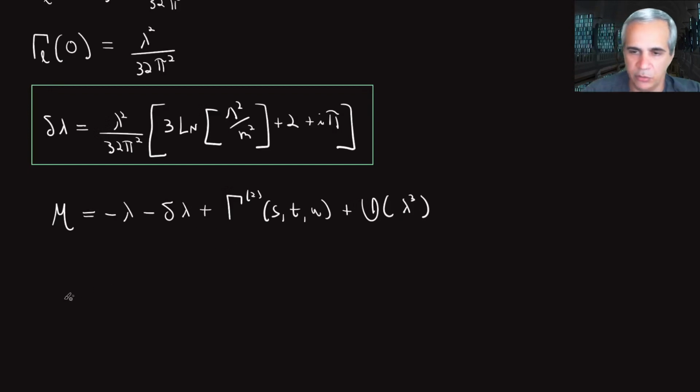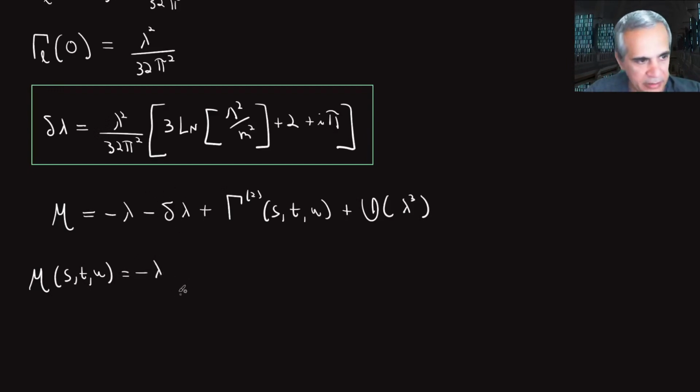Now, if I substitute these expressions I have up here in here, I'll get that this guy, which now clearly depends on S, T, and U, will be given by minus lambda.